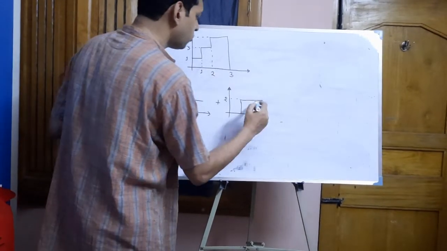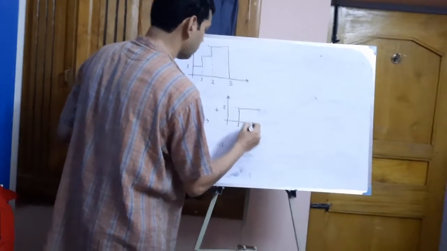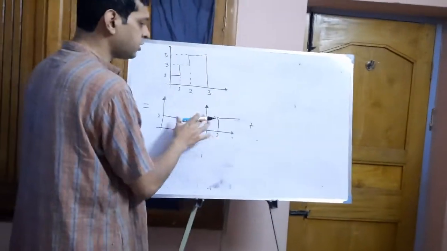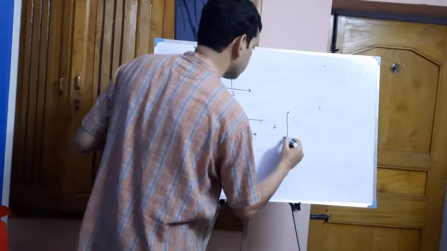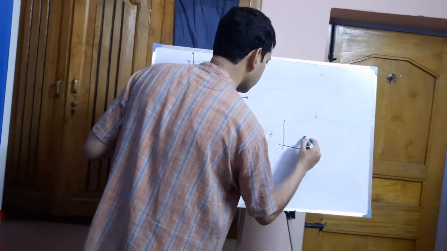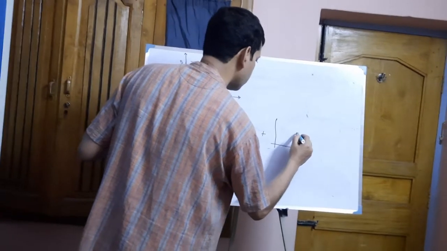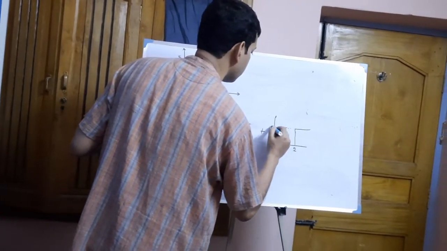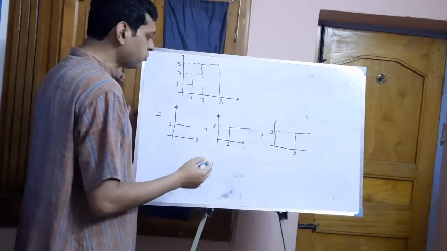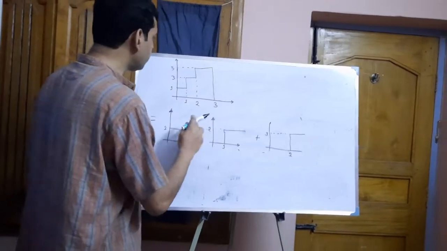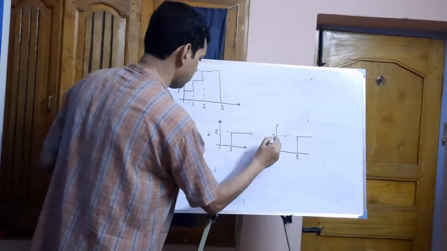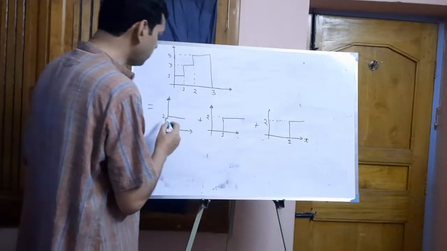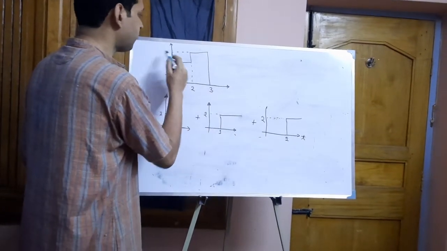Now after 2, one more 2 will be added with these 2. So after 2, we have to add another 2. So after t equal to 2, the function value will be 1 plus 2 plus 2, that is 5.